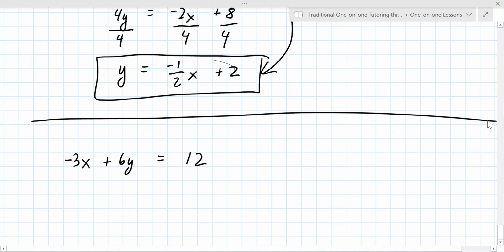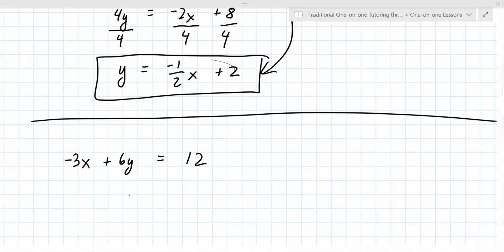Yes, I want you to do the same thing we did in the last problem. Solve for y. Get y by itself. Same thing. Okay, cool. y equals 1/2 x plus 2.